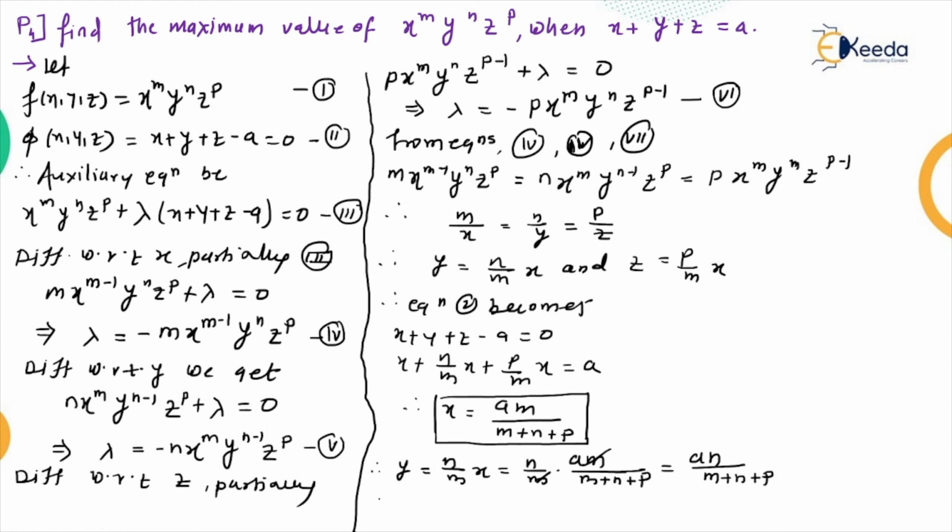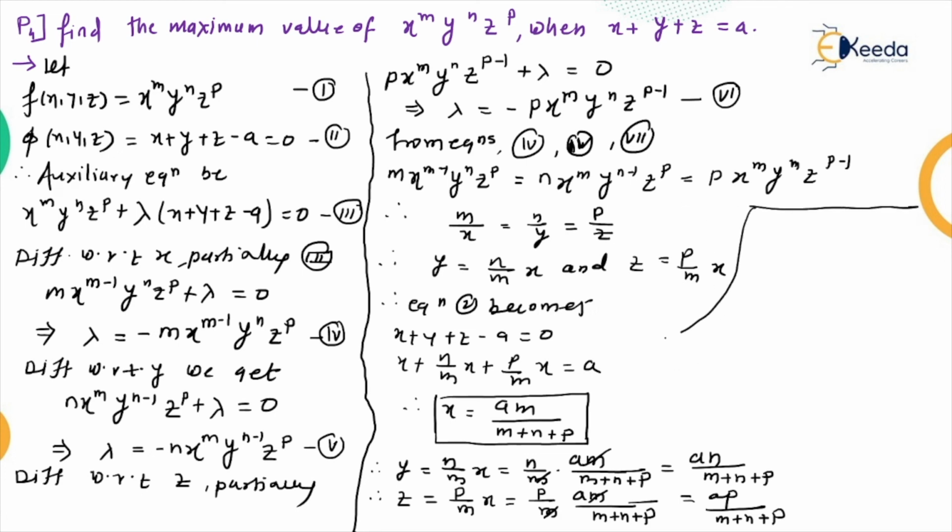Also z is p divided by m into x, and with x equal to am divided by m plus n plus p, the terms cancel, and z is a p divided by m plus n plus p.